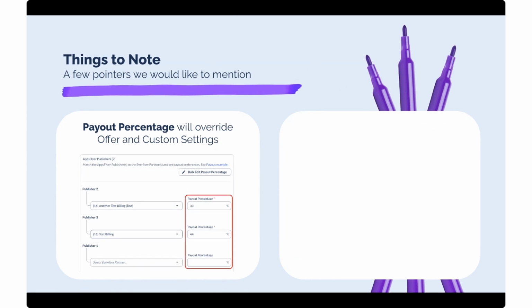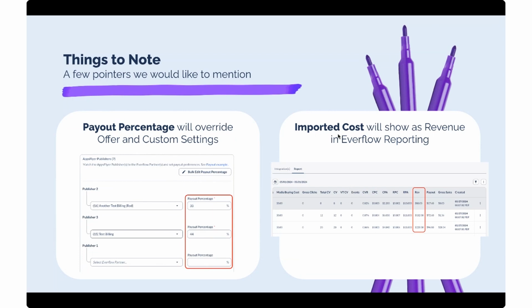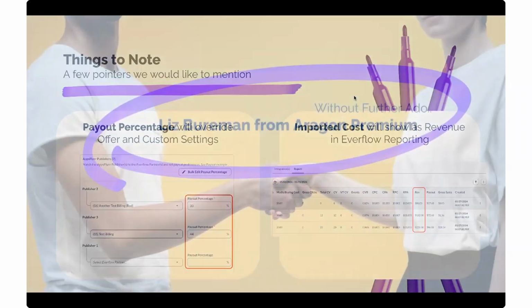So if you have an offer that you have created with custom settings or has a default rate, this will take priority. If you have a custom payout, it won't be applied and will be ignored. One more time, the imported cost will show as revenue in Everflow reporting. Just because the names are different, I wanted to stress this point so everybody's on the same page.